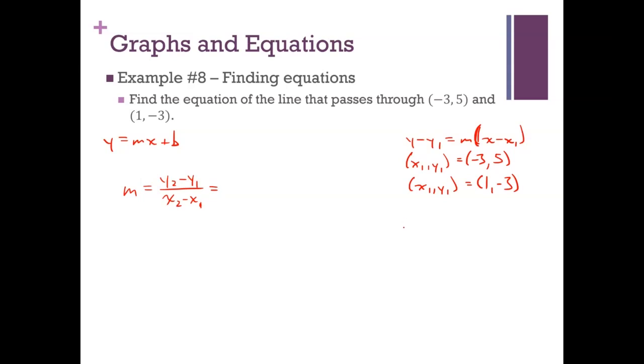So what's the numerator going to look like? -3 minus 5. And then what's the denominator look like? 1 minus -3. So our slope is going to be -8 over +4 or -2.